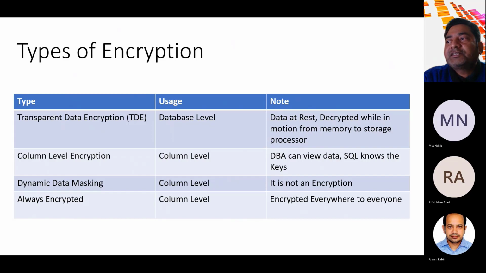Basically this is not encryption, but when someone has read permission only, they will see the data in SQL Server masked, at the end, start or middle of the data, with some algorithm. That is something we can do for a user who does not have write permission on the table or database. They can only view the data.